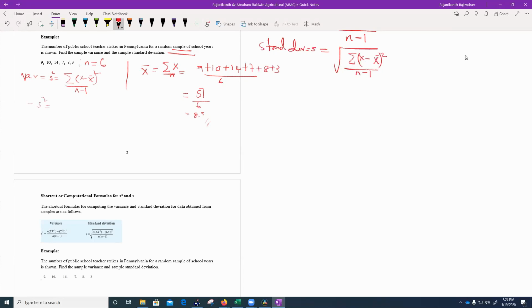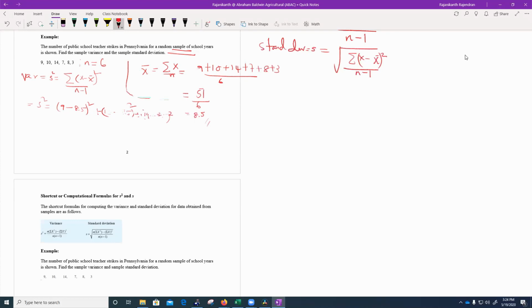I'm going to find this value one by one. The first data value is 9, subtract x bar, which is 8.5, in parentheses, then squared. This is my first term of the summation. Then plus my second term, 10 minus 8.5 squared, plus 14 minus 8.5 squared.